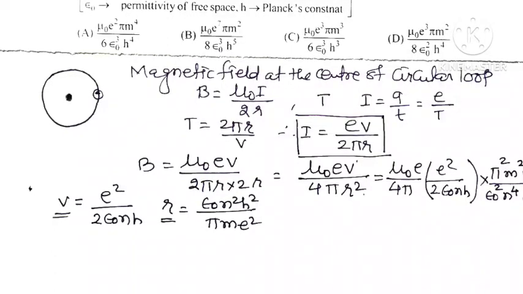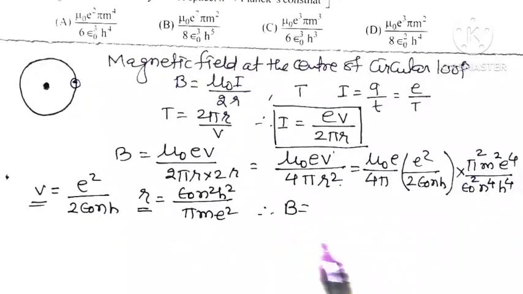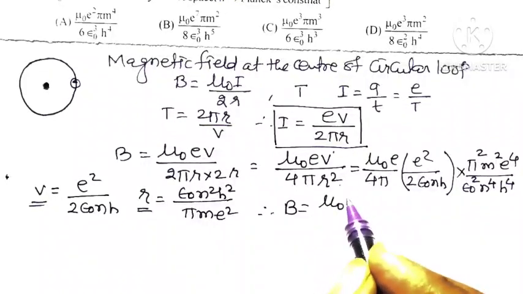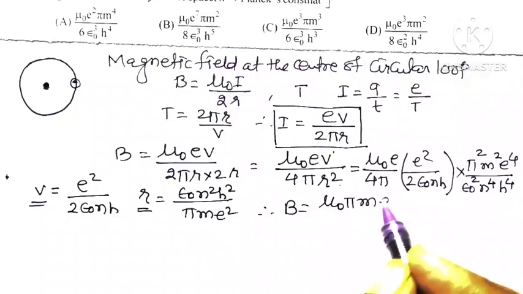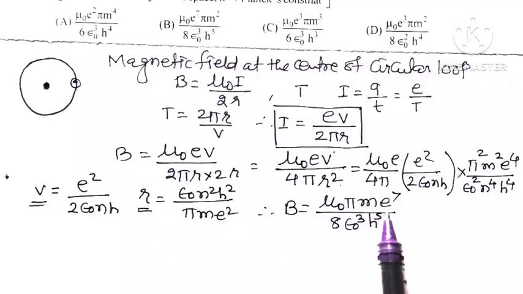If you simplify it, you will get B is equal to mu 0 pi m e raised to 7 divided by 8 epsilon 0 cube into h raised to 5.